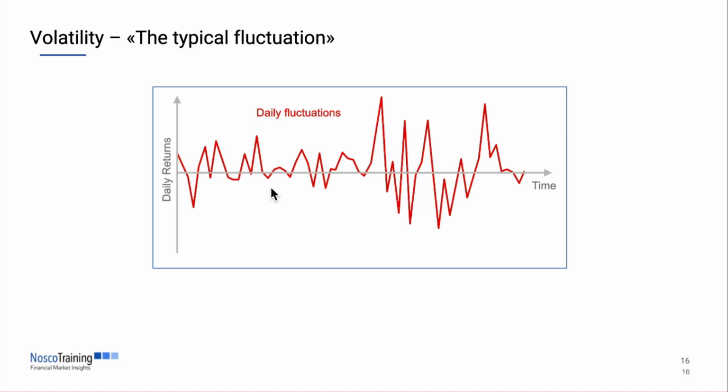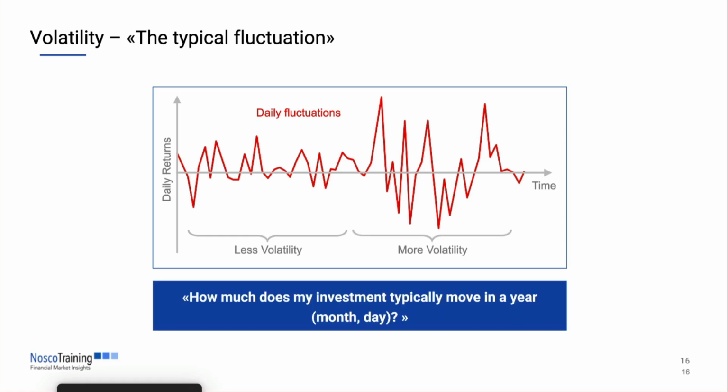But actually there is some consistency in the chaos, in how much it moves. You see here the daily fluctuations are smaller, here the daily fluctuations are larger. Okay, that looks a little bit theoretical. Let me show you a real example. But before I show you the real example, maybe you try again to keep that in your belly.